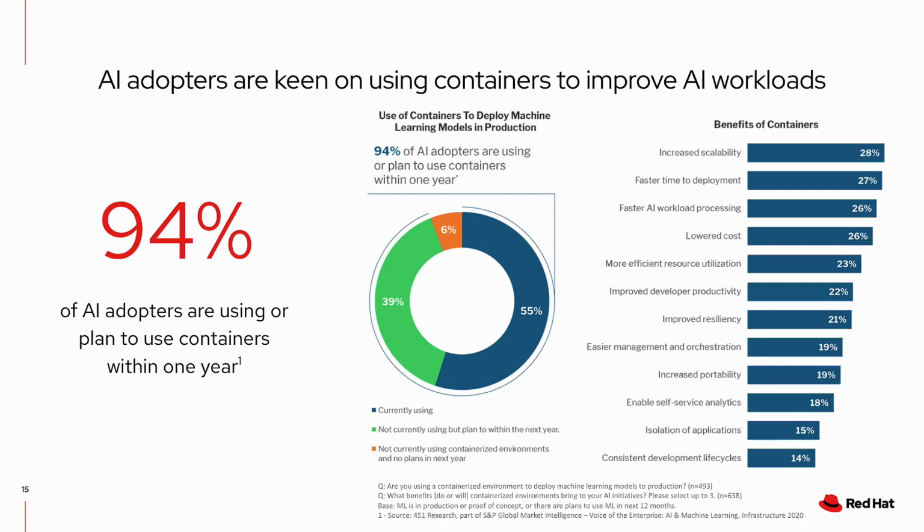On the right are some of the key benefits the customers noted. On top, that aligns with the benefits we highlighted on the previous slide: scalability, faster time to deployment and management, and compute resources. Speed is key. And lowering the cost came up as a key thing as well.